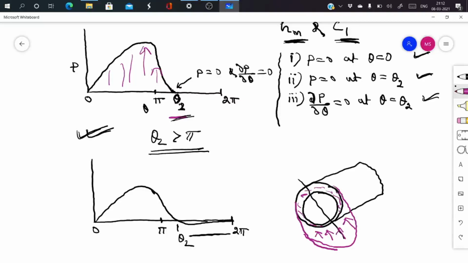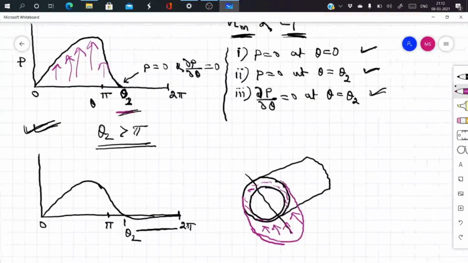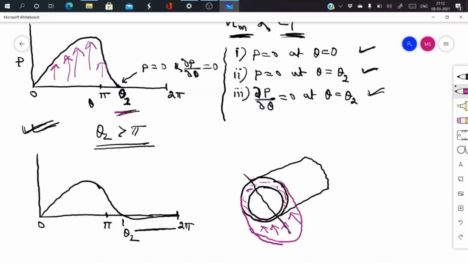Okay. That means for a finite journal bearing, pressure develops inside the bearing, and the pressure is very high. If you see for a finite bearing, the pressure in the z direction, or in the length direction, will be something like this. This is highest and it will be 0 towards the end. Okay. Now the flow of oil will be at the ends.